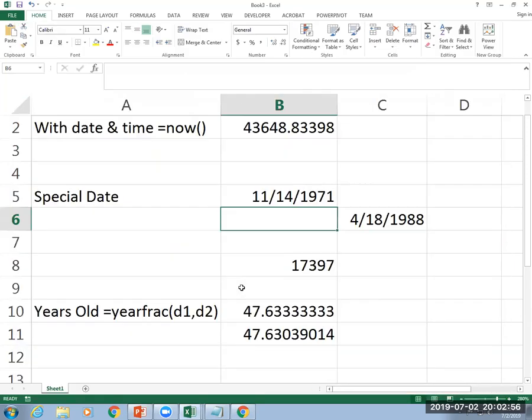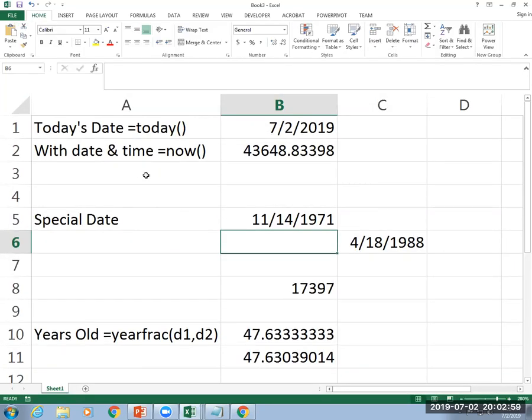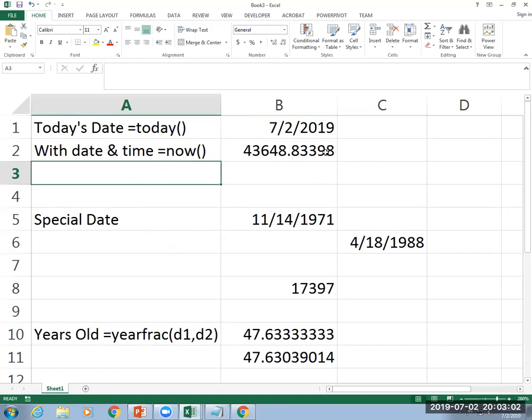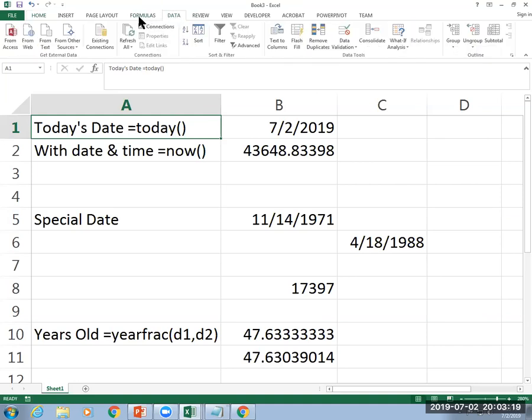I did have one more thing I wanted to show you, and that is to create a pop-up, and then we'll take a little break. If I wanted to create a little pop-up message that popped up right here, you go to the cell where you want the pop-up message to happen, click on Data and then Data Validation.